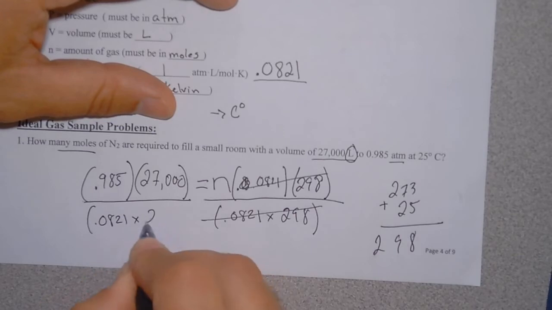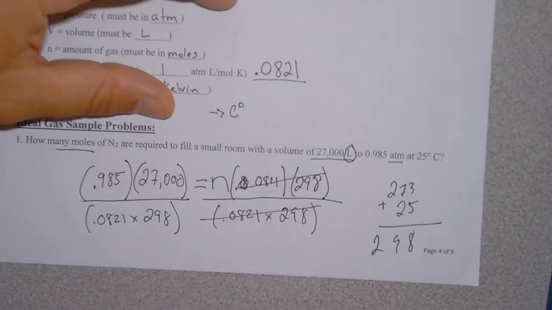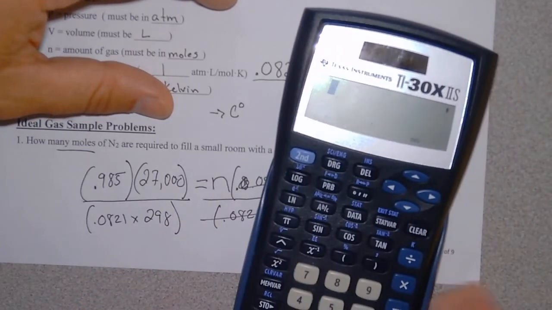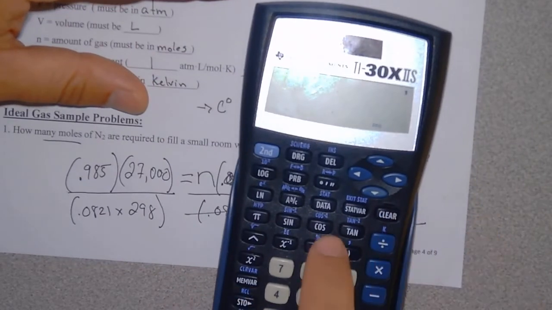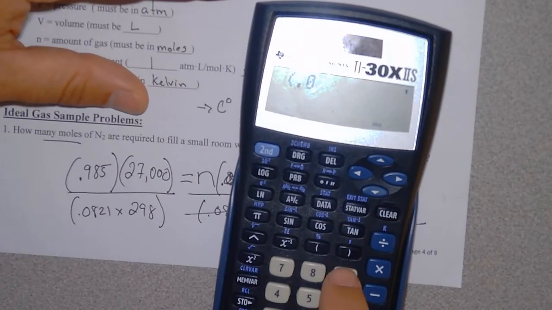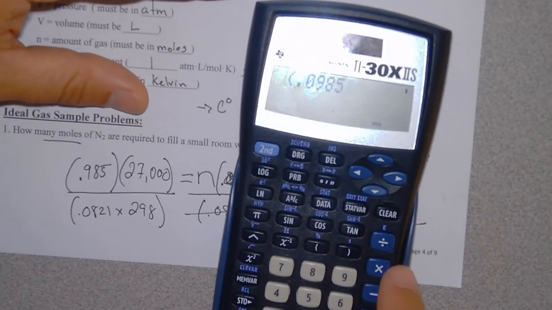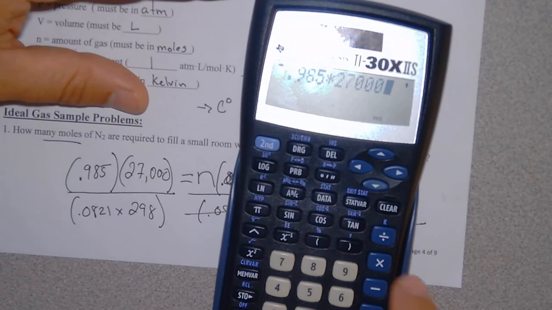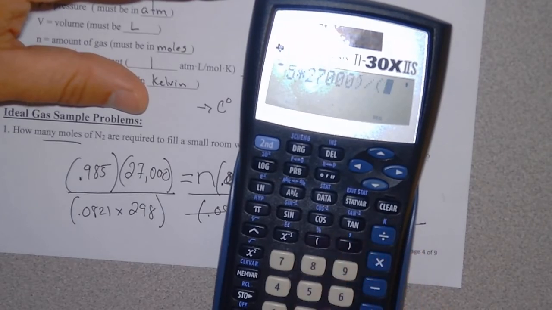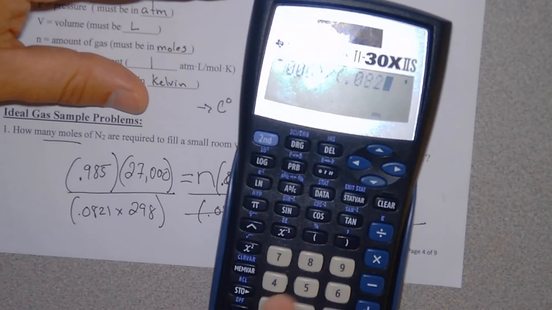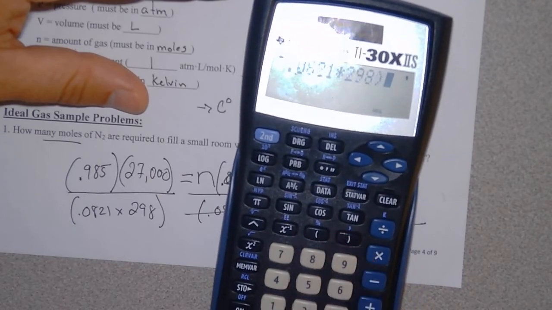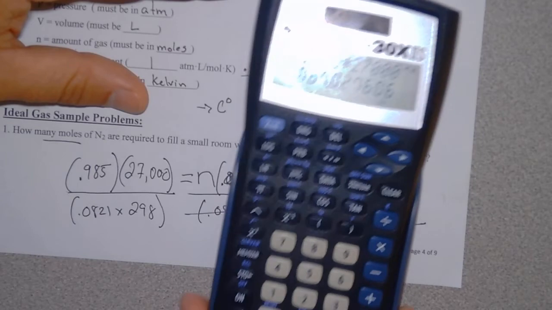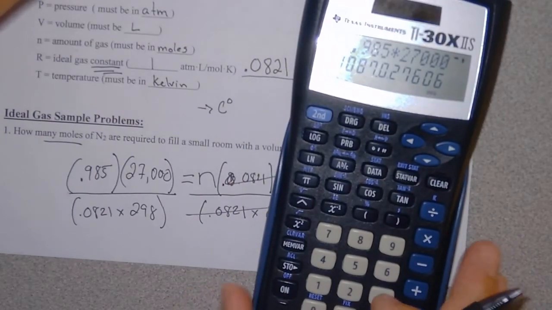So to do that in my calculator all at one time, parentheses, 0.985 times 27,000, in your parentheses, division. Open up another parentheses, 0.0821 times 298. Close your parentheses, and you get that as your answer.